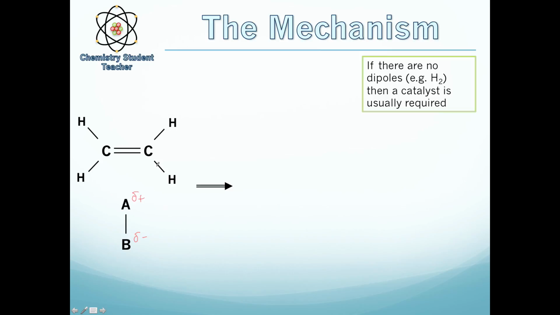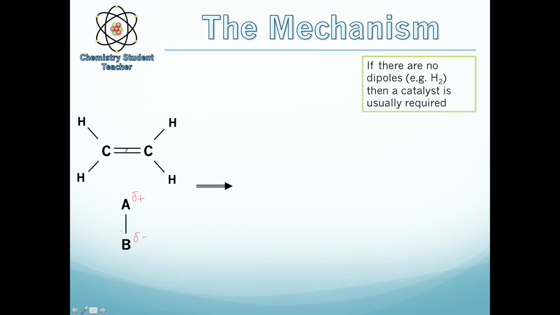Now we have a huge area of electron density around this carbon-carbon double bond compared to a carbon-carbon single bond. This means this slight positive charge is actually attracted to that. And if you remember from a brief summary of dipoles in one of my other videos, the two electrons are closer to the delta negative than the delta positive atom.